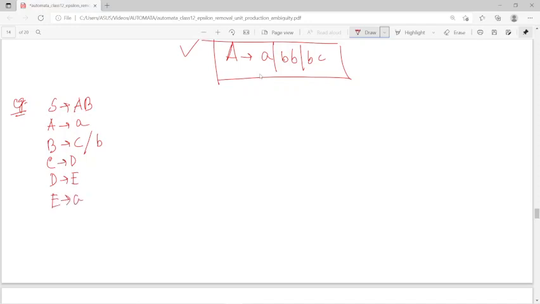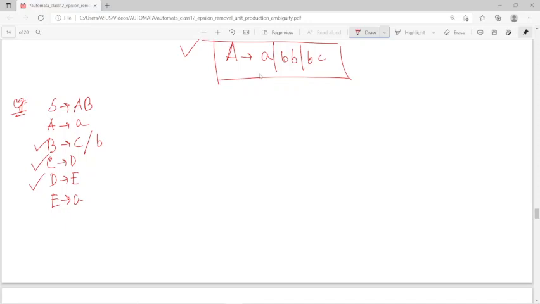So what are the unit productions? B to C, this is a unit production. C to D, D to E, those three are the unit productions.